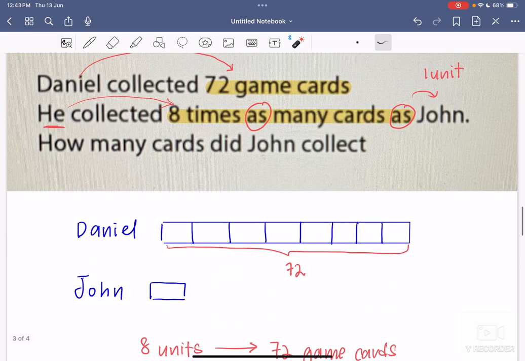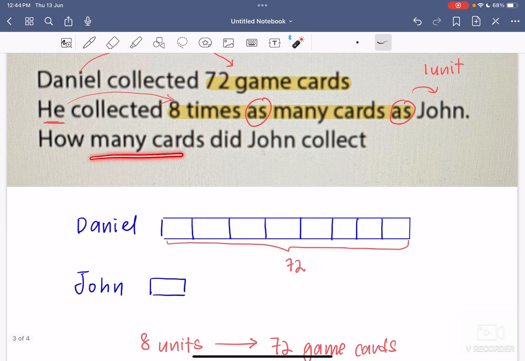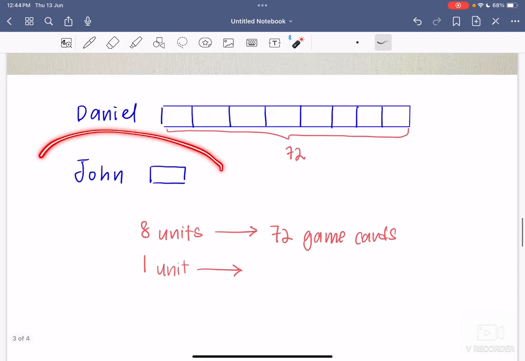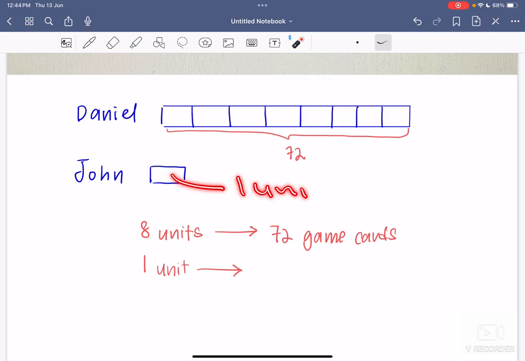Firstly, we need to go back to the question again. How many cards did John collect, right? So where is John? John is this one, which has only 1 unit. So by finding what 1 unit is, we will find how many game cards John has.